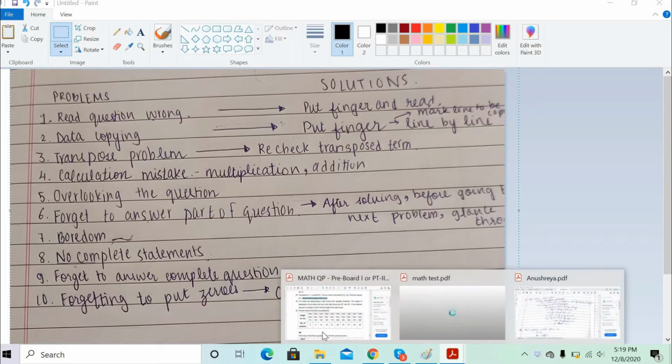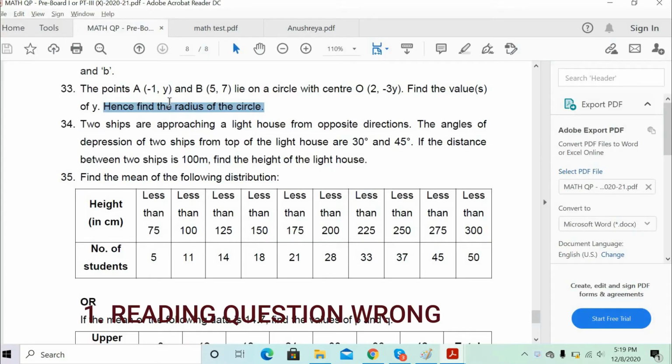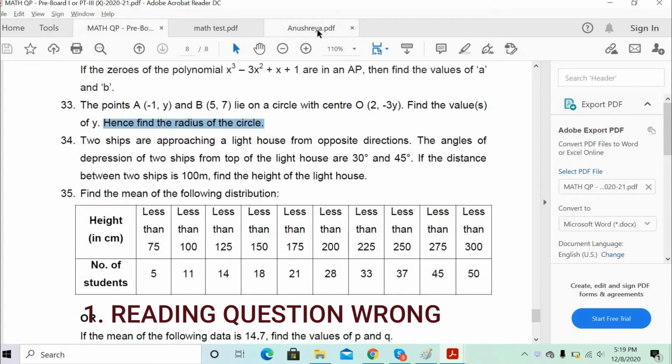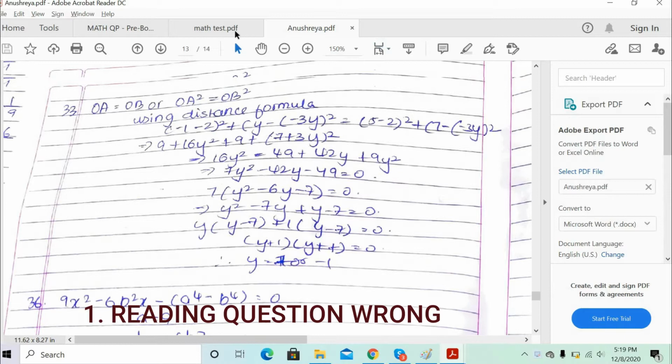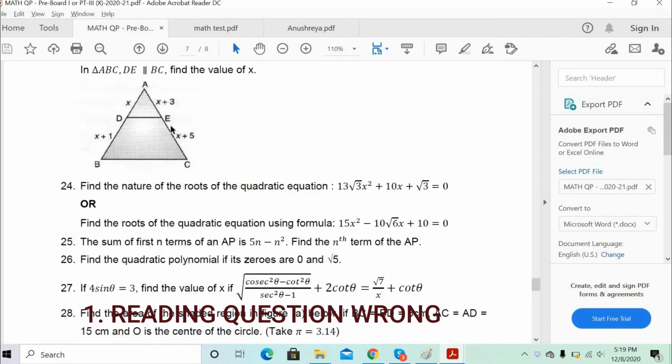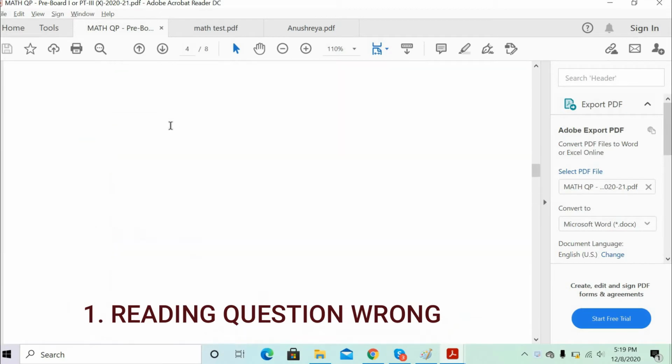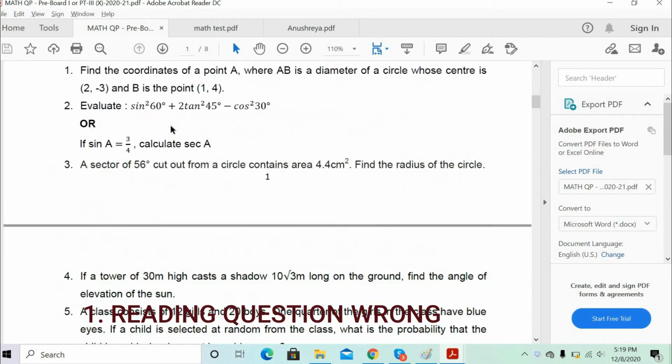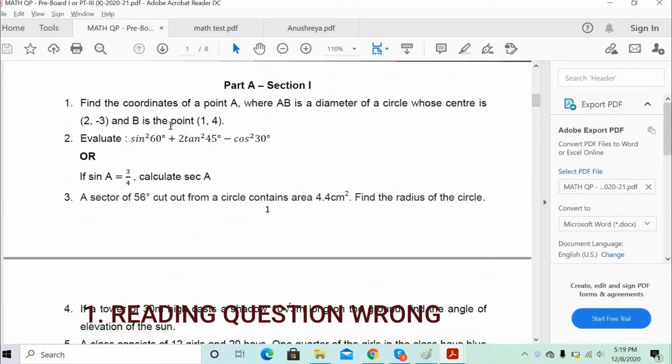I'll open one of the question papers and show you how the question reading can go wrong. We have the question paper here. Find the coordinates of the point A, and AB is the diameter of the circle whose center is 2 comma 3 and B is the point 1 comma 4.